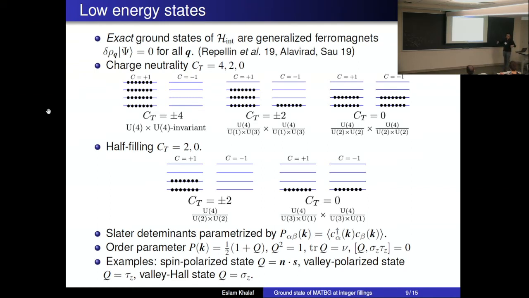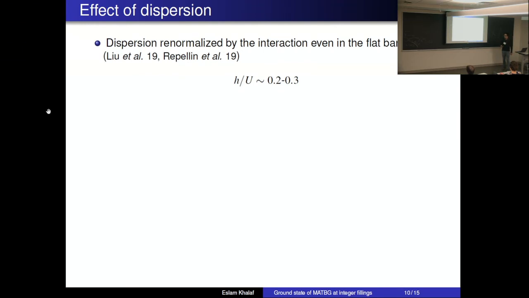So now we have this picture, we have this manifold of ground states, which are all low-lying states when we have this interaction term, and we want to gradually add perturbations, either by breaking this chirality condition or by adding dispersion, and see what states are selected. So first, there's the effect of dispersion.